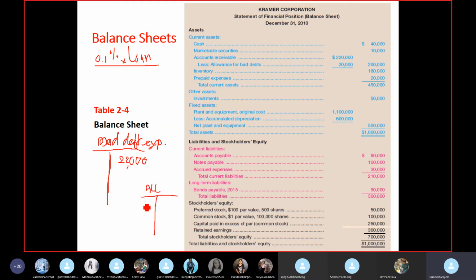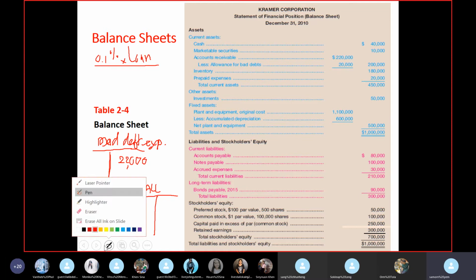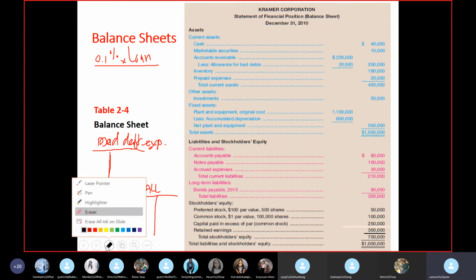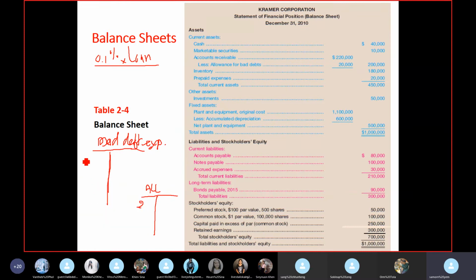This is the right side, and that is the left side. The expense we increase at the left side, 22,000 estimated like that.